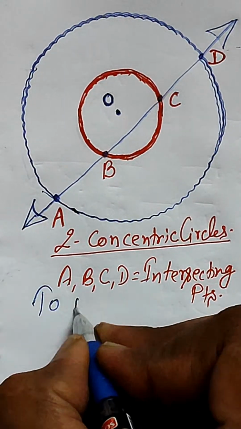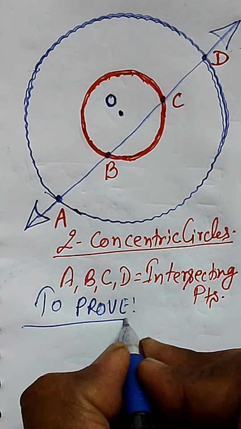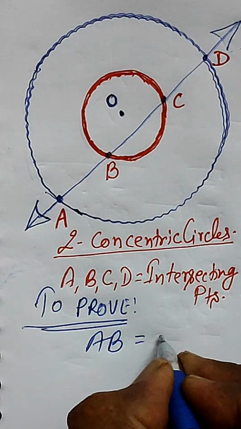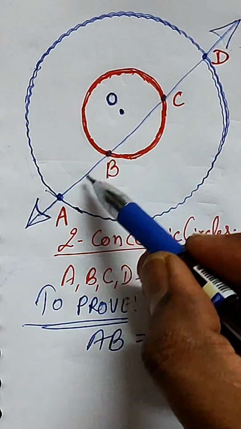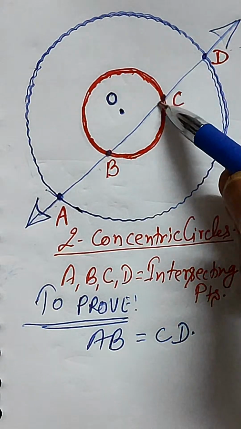Now we need to prove what? To prove AB is equal to CD. That means this length AB is equal to this length CD.